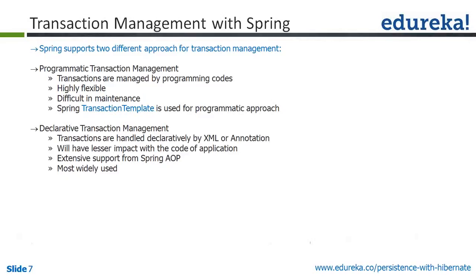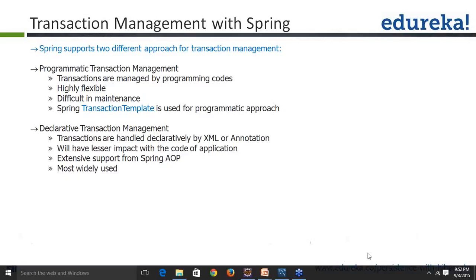You have to go back to the initial state, the state where you started off. If it fails at the third step, go back to zero. Fourth step, go back to zero. Second step, go back to zero. In either step if it fails, you have to go back to the first step. That's what transaction management is. You can do that in two ways.